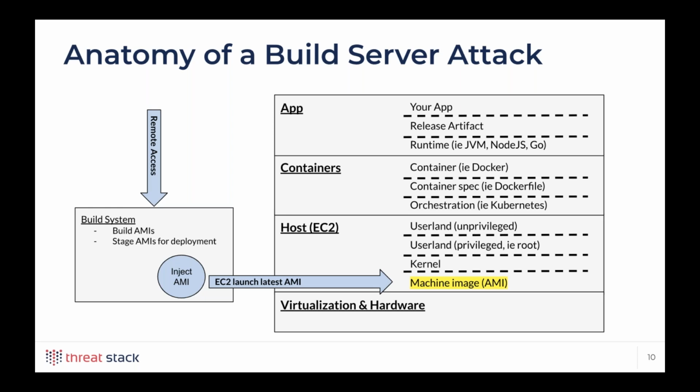And we have observed this in which the attacker then is able to inject the AMI, and this is in the case of AWS, of course, but this is the machine image that is used to spin up virtual servers.